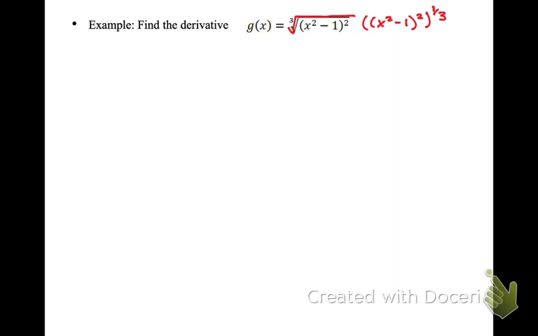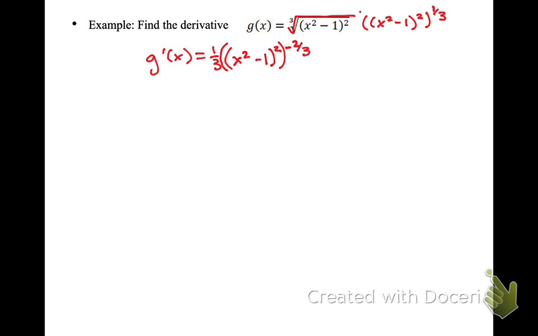Got it? Okay, so 1/3 out front, right? And then everything that's in there. So x squared minus 1 squared to the negative 2/3.